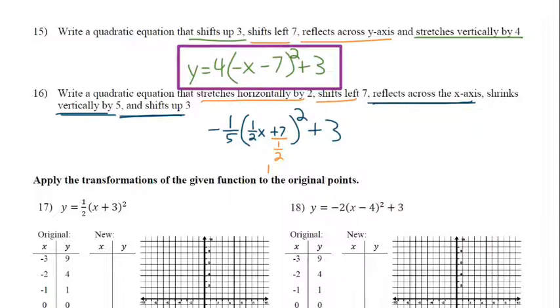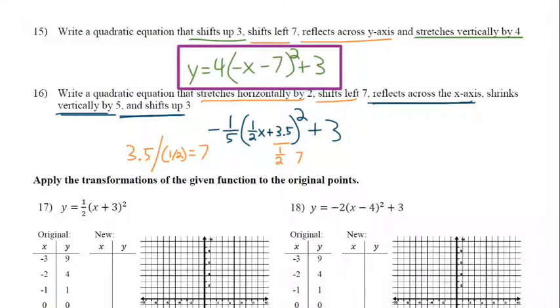Well, the answer is 3.5. When I divide 3.5 by 1/2, I get 7. You stick it in your calculator. Type 3.5 divided by parentheses 1/2. I guarantee you it'll spit out 7.